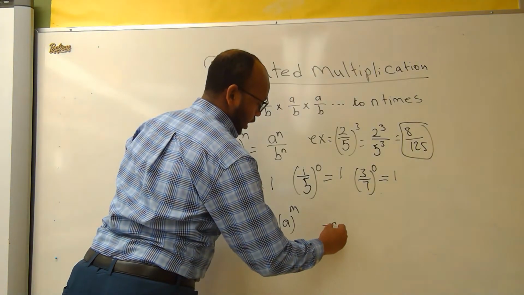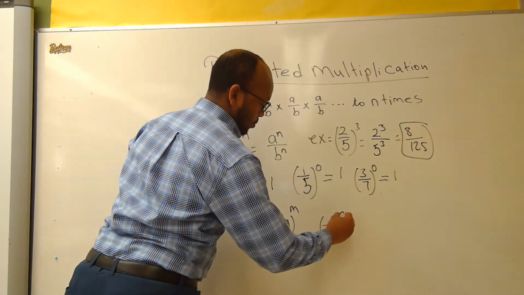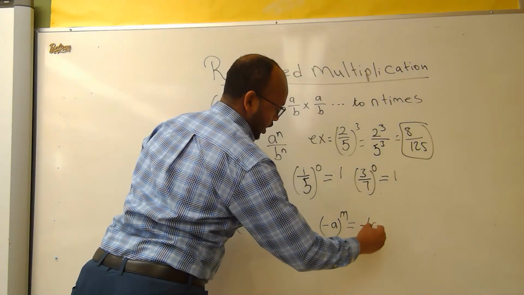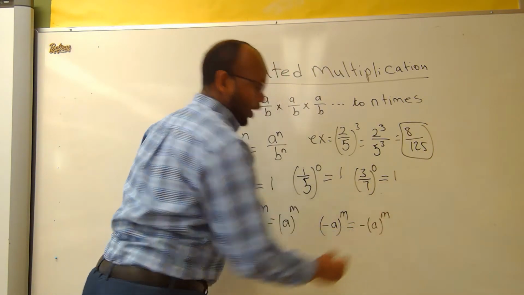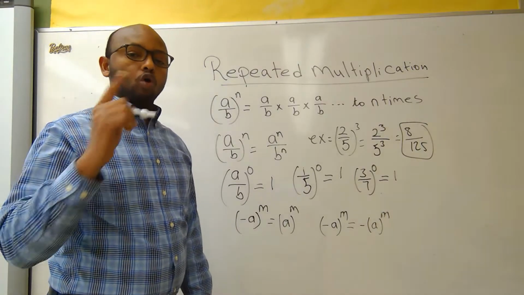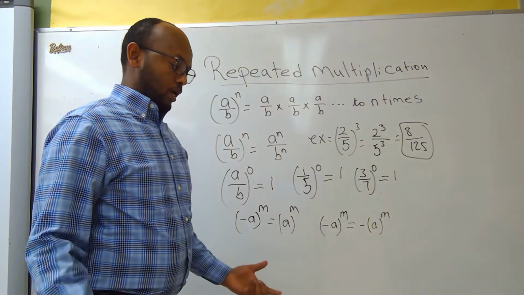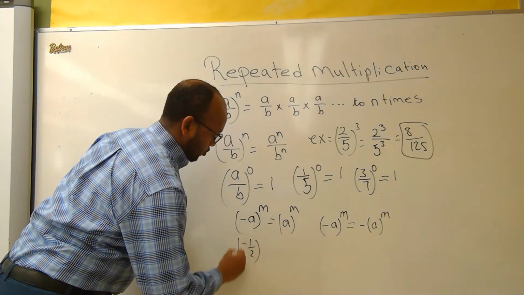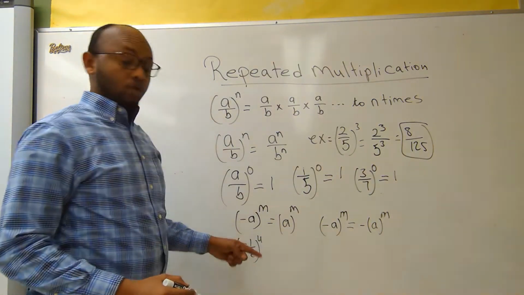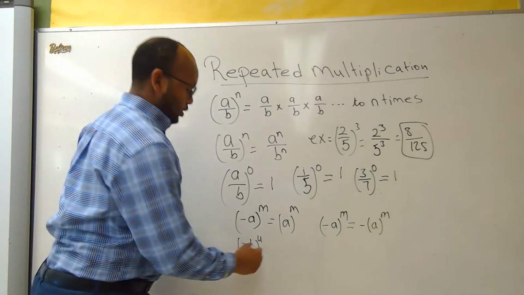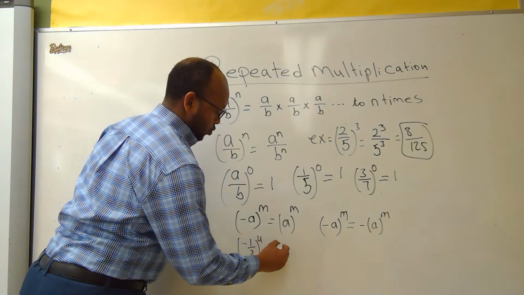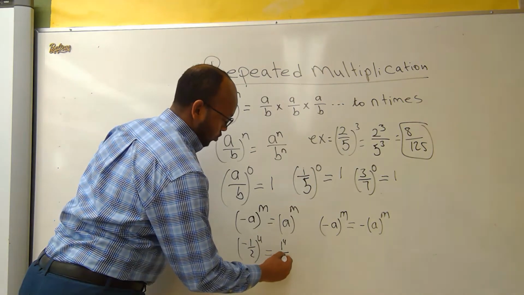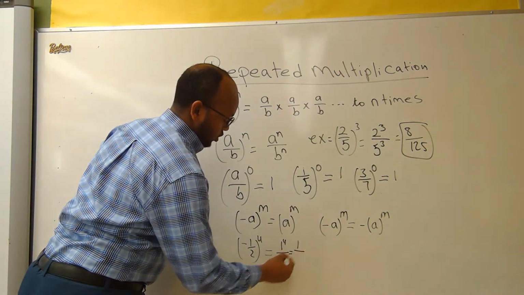Minus a, all power m, will be equal to minus a power m when m is an odd number. We have to know that. For example, if I have minus 1 over 2 power 4, 4 is an even number, so the answer will be 1 power 4 over 2 power 4, which is 1 over 2 power 4.